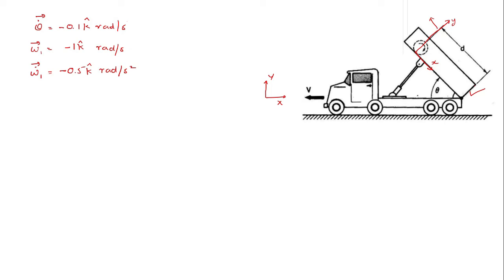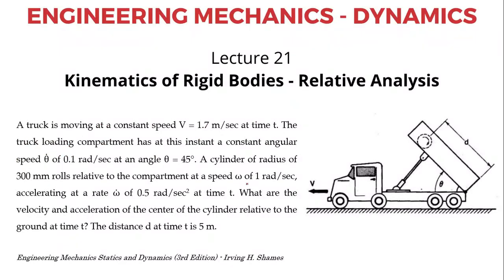Now the question is to find the velocity and acceleration of the center of the cylinder relative to the ground at time t, and at that time the distance traveled d is 5 meters. So what is the velocity and acceleration at the instant when d equals 5 meters, when the cylinder reaches almost the end of the loading compartment? That is what the question is.